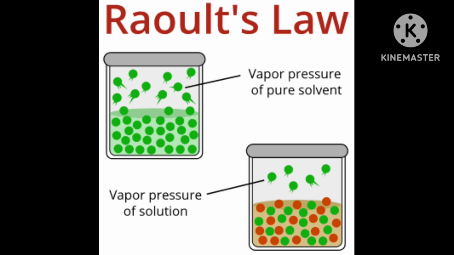Now when x1 is equal to 1, then x2 will be 0. Down there you can write x2 is equal to 0. Now when the mole fraction for the second component is 0, it means vapor pressure will be 0.